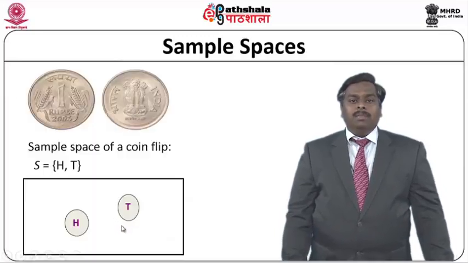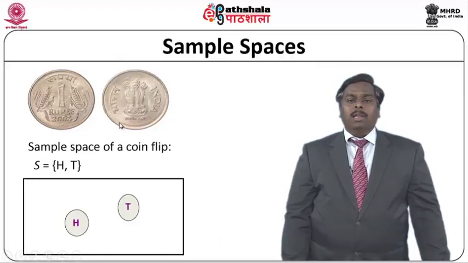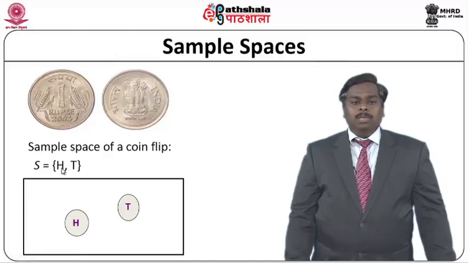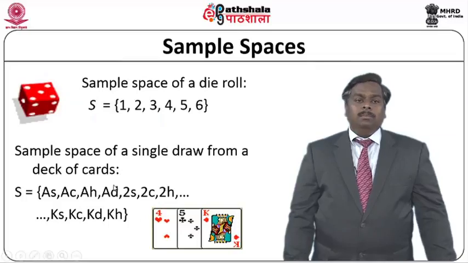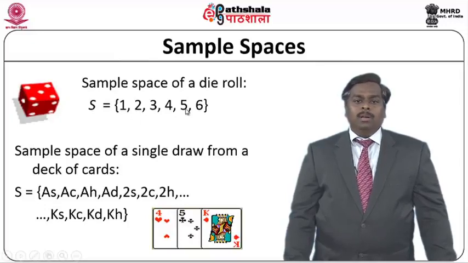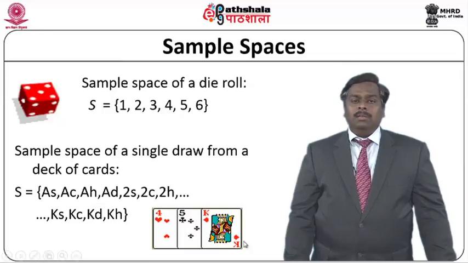Now, let us understand this with examples. Consider a coin. A coin will have head or tail, so the sample space for a coin flip will have two outcomes, one is head, another one is tail. Consider a die. The sample space for the die roll will be the numbers ranging from 1 to 6. Or we can take a deck of cards and identify a sample space. The sample space for a single draw from a deck of cards will be this set.